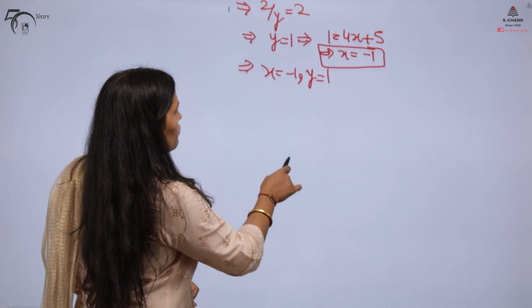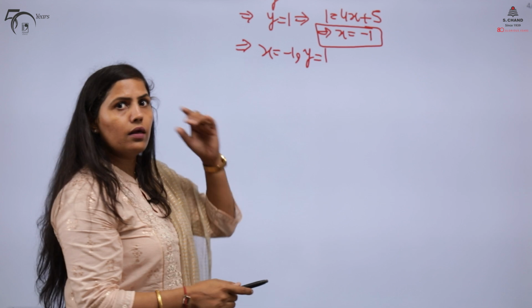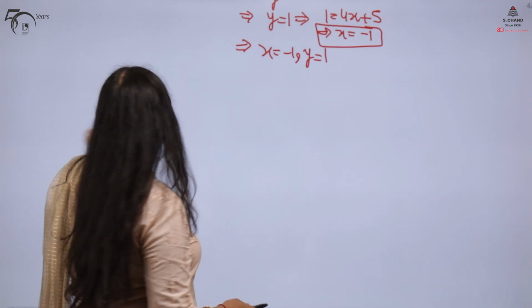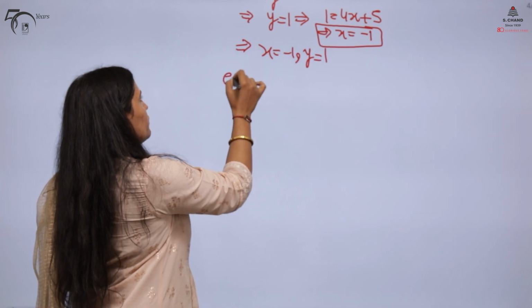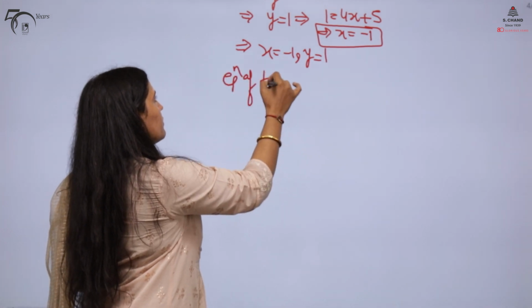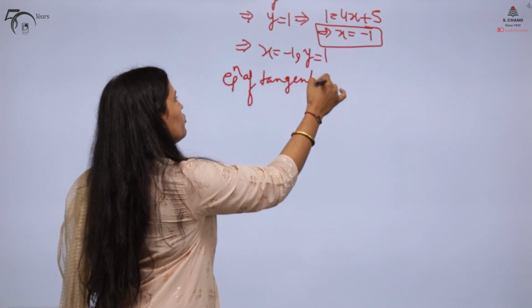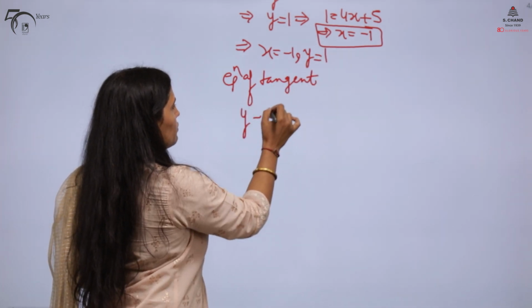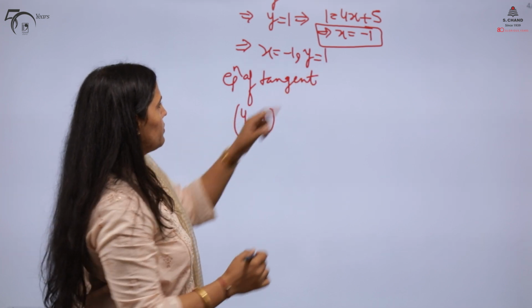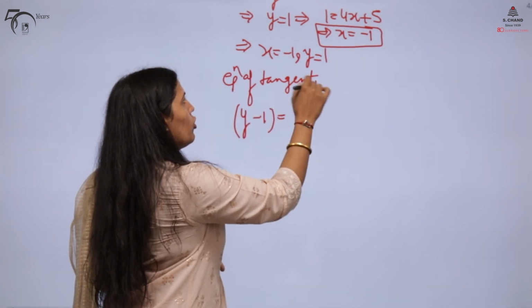Now just write the tangent equation. In this question it is not asked to find the normal equation, but I will write it here just to give you an idea. So the equation of the tangent will be y minus 1, this is minus 1, then the slope. Slope was how much?